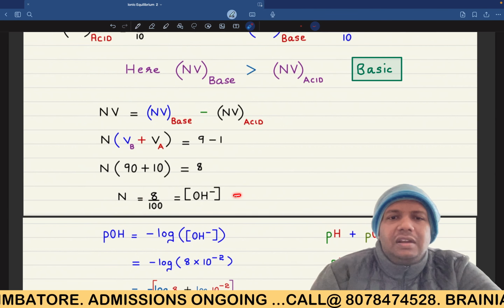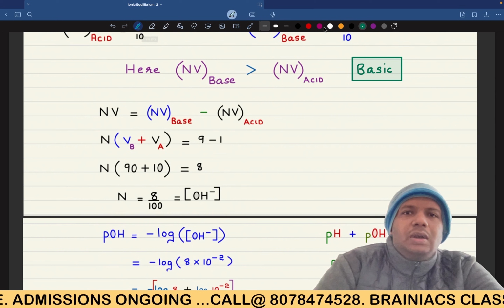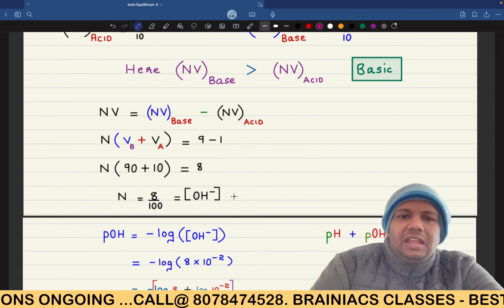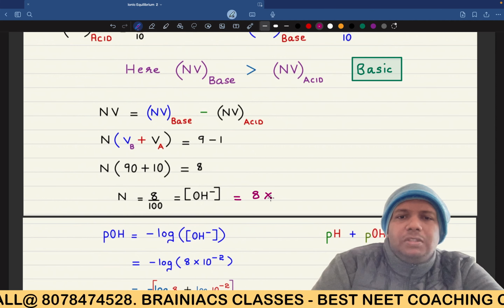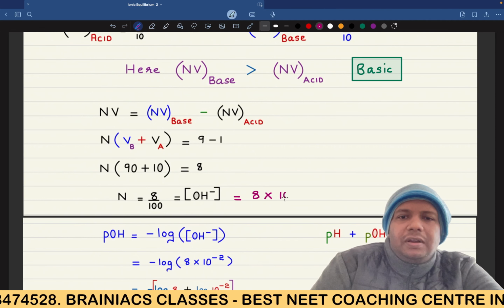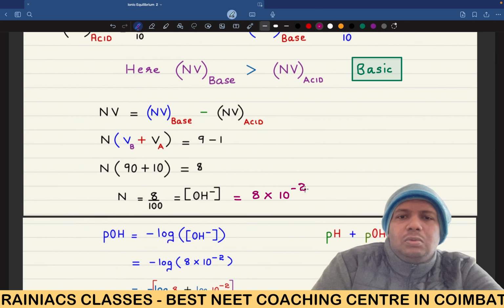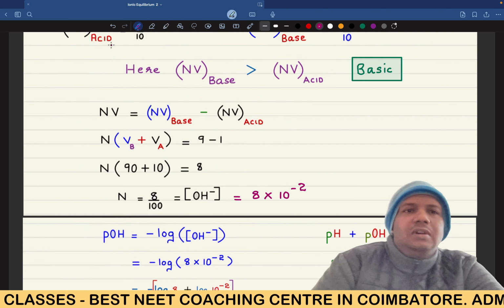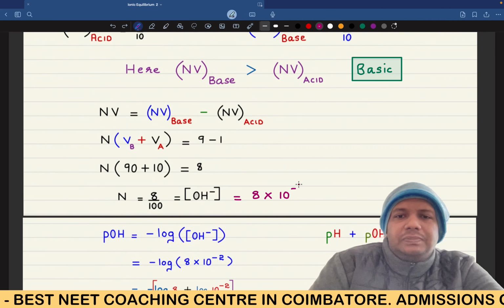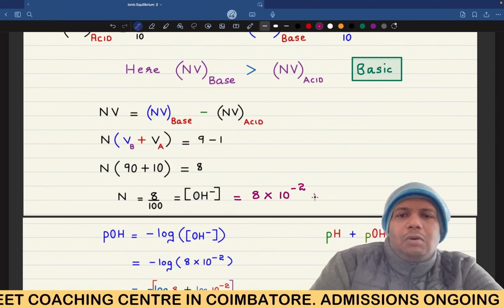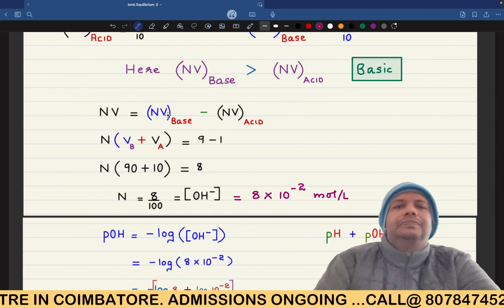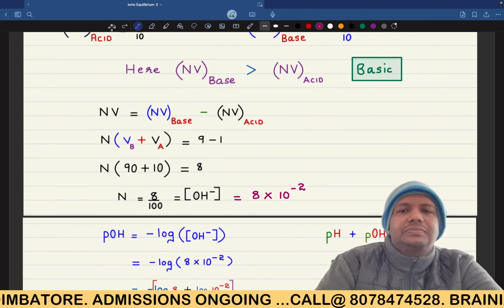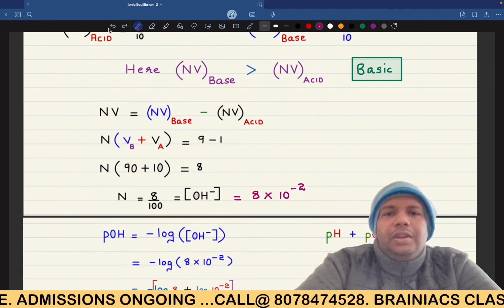So 8 by 100 means how much, sir? I can easily say N value is equal to 8 into how much? 10 power minus 2. 8 into 10 power minus 2 molar, mole per liter. That is the strength. Now what do you need to do, sir?